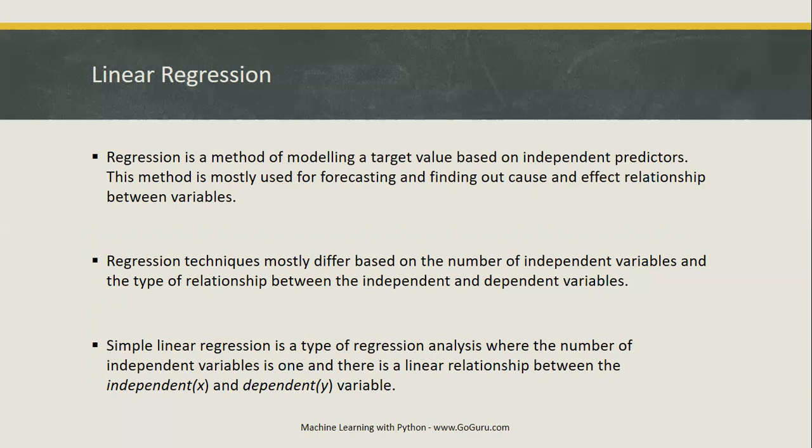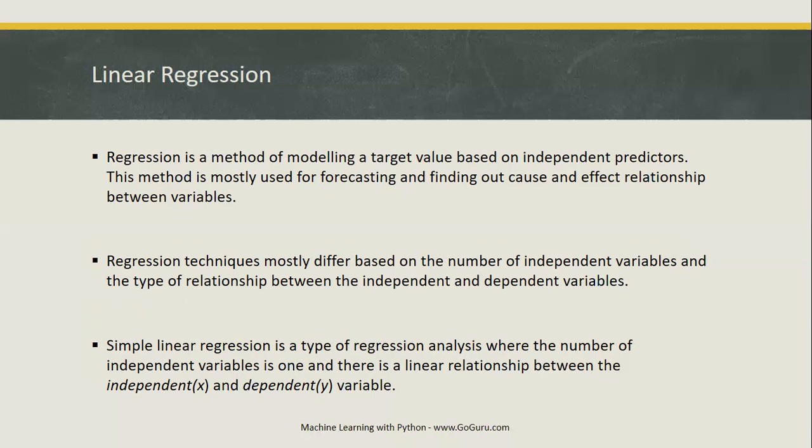So it has two values, X and Y. Let's assume that X is the value that we have, and based on the X value, we are trying to predict the value of Y. So we are basically trying to see the relationship between these two variables. Does an increase in X increase Y, or does an increase in X decrease Y? Basically, is the relationship positive or negative?